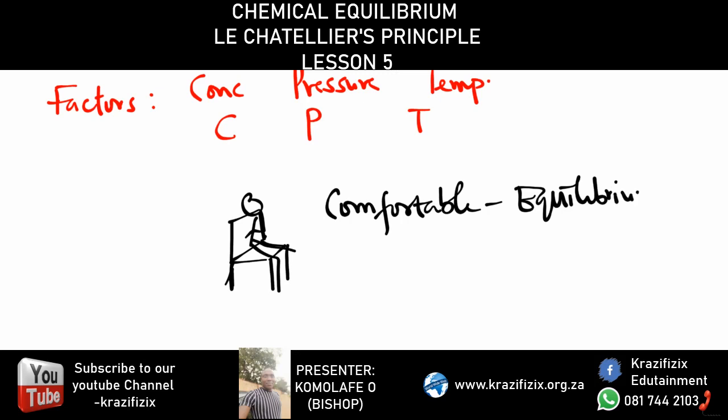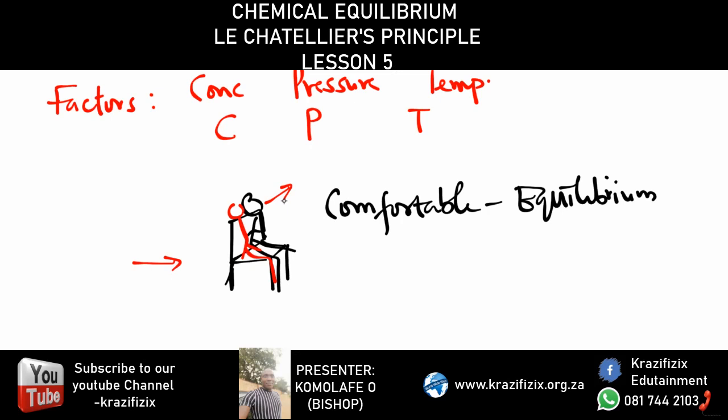Now, if I were to ask somebody else to sit with this person on this chair, so I have somebody coming in from the side to sit with this person, what happens? This guy is coming from the right, so this person has to shift to the left, the opposite.